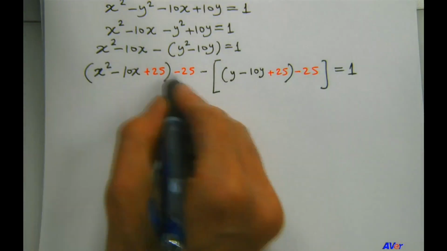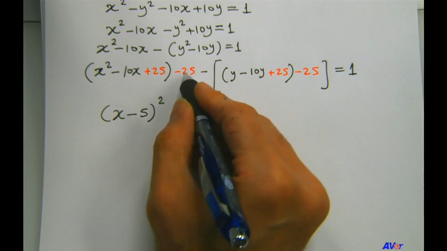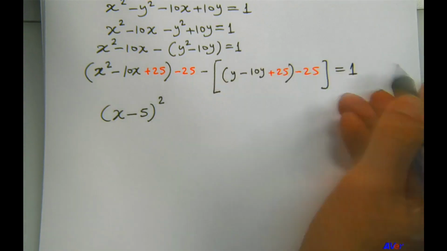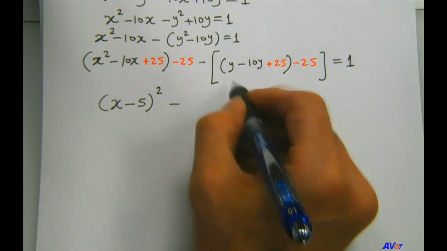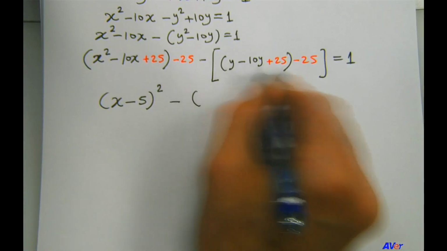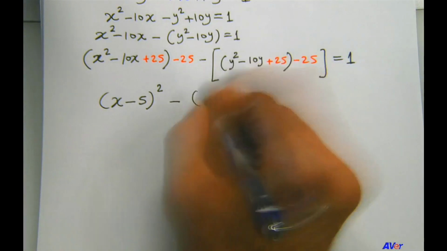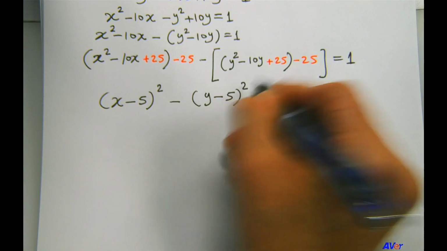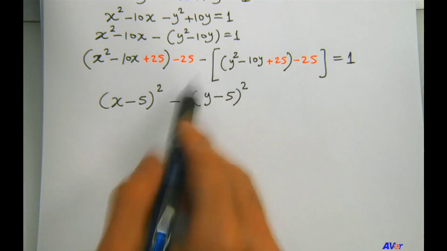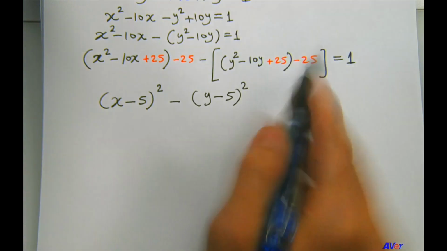Okay, so let's simplify this. So this is equal to (x minus 5) squared. And I'm going to move the minus 25 to the other side. Let's complete this square here. Oops, this should be y squared. Sorry, y squared. So (y minus 5) squared, but this minus times minus 25 is positive 25.